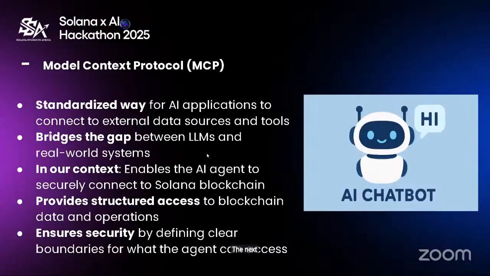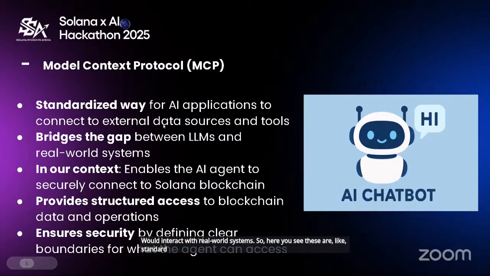The next thing here is the Model Context Protocol, which is the way your AI interacts with real world systems. These are standard ways for AI applications to connect to external data sources.